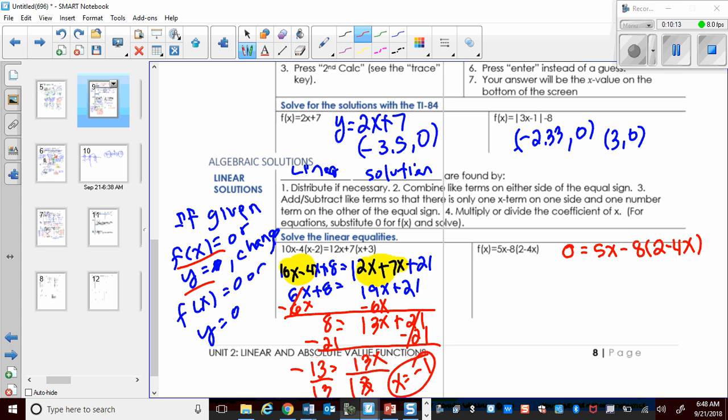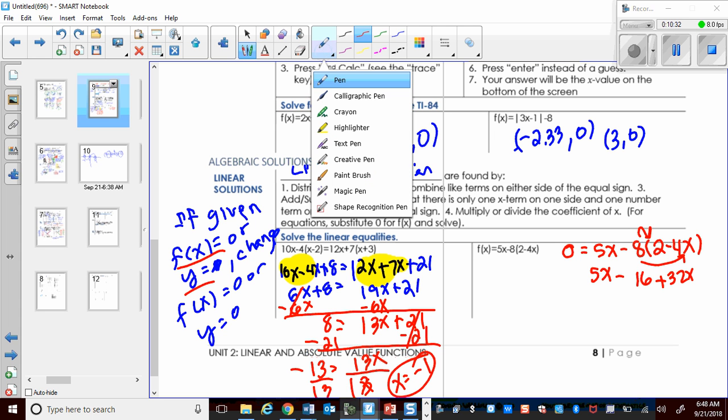Now, going through the rules, distribute if necessary. I do need to distribute negative 8 to the positive 2 and negative 8 to negative 4x. So 5x just comes down. Negative 8 times 2 is negative 16. Negative 8 times negative 4x is positive 32x.